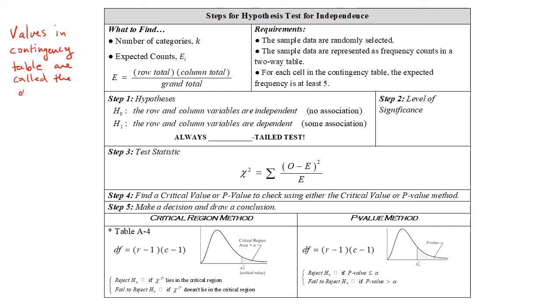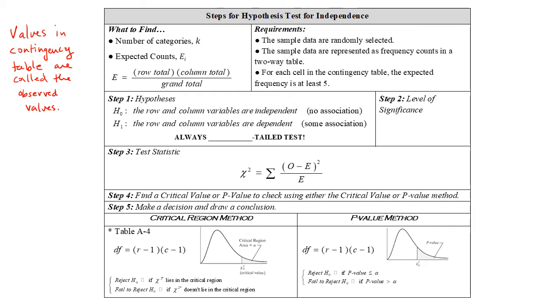And we'll usually denote those values with the letter O. And then we'll compare those with what we would expect if those two variables were independent.